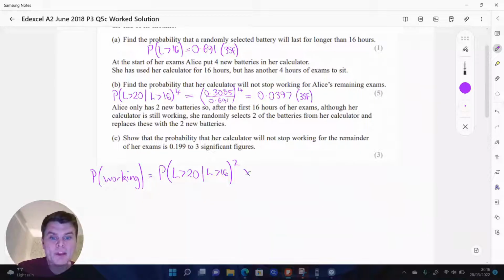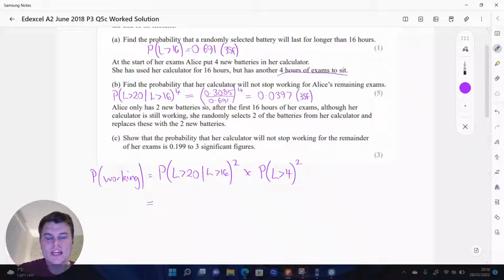And we're going to multiply that by the probability that the lifetime of the 2 new batteries is greater than 4 hours, because she has to sit an extra 4 hours of exams after the first 16 hours. And that was also squared because there are 2 batteries.